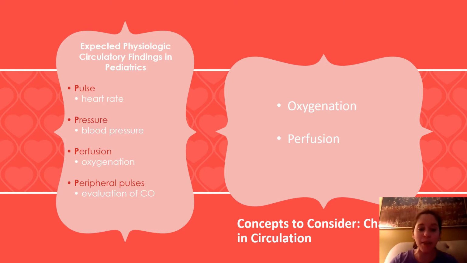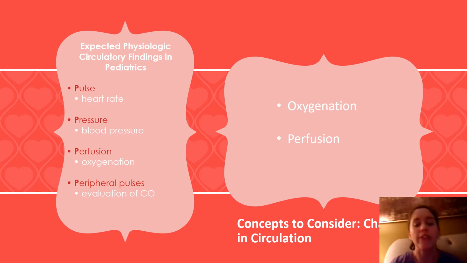So if I expect my pediatric patient to normally have a higher heart rate, when I see a low heart rate, I'm concerned. If I expect that patient to have a blood pressure of X, and I see a lower blood pressure of Y, then I'm going to have a red flag of concern.